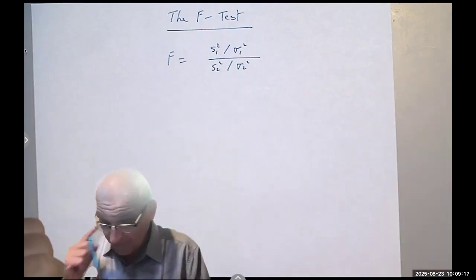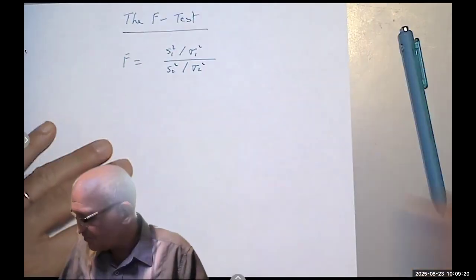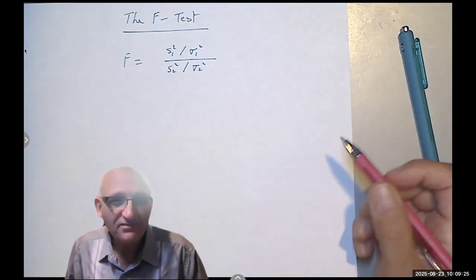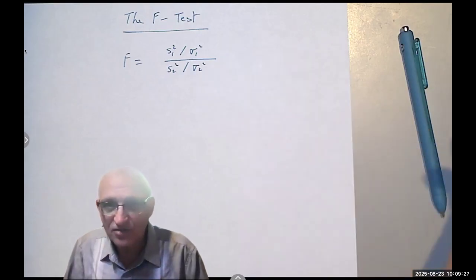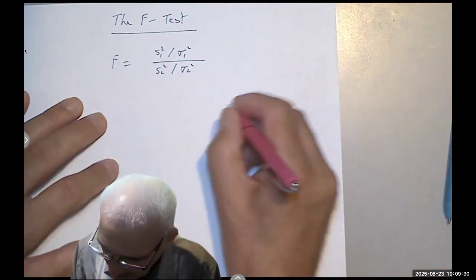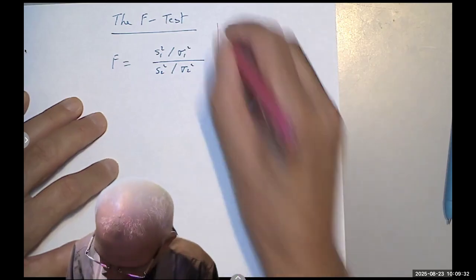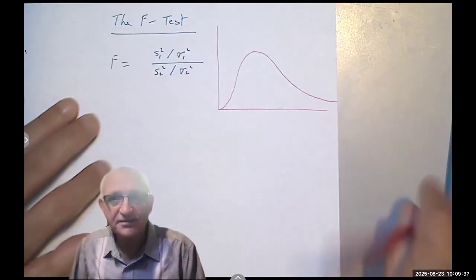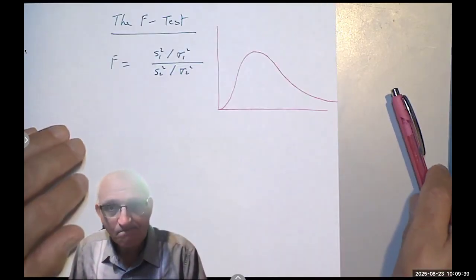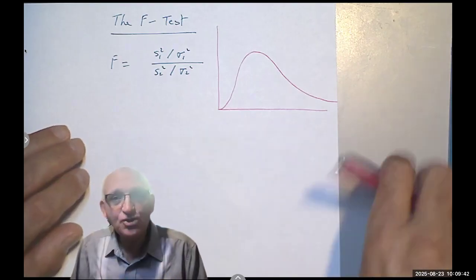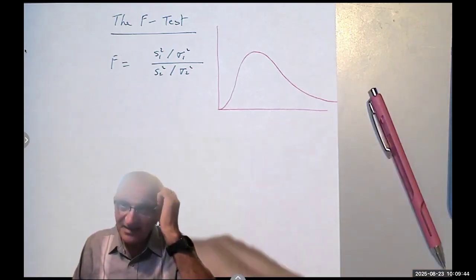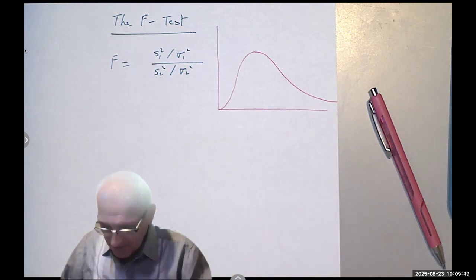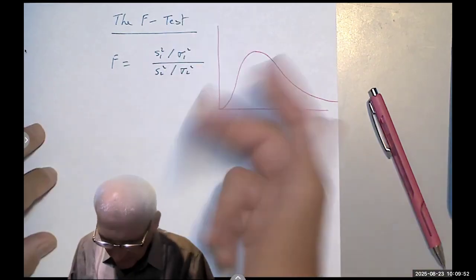First of all, the F distribution, like the chi-square distribution, cannot be negative. It's a ratio of two positive values, so it's impossible to be negative. That's why it starts from here, very similar to the chi-square. But to draw that distribution, remember the chi-square depended, like the t, on the degrees of freedom. And you would say, wait a second, here I have 2 degrees of freedom.